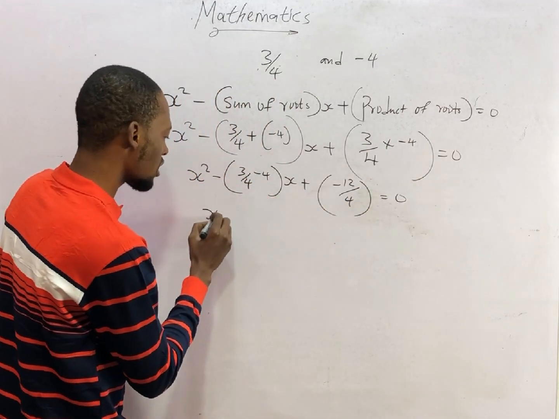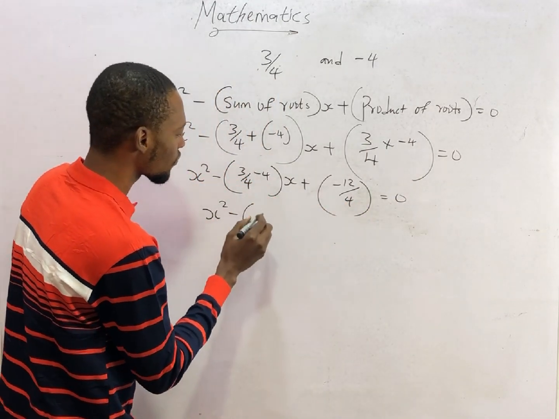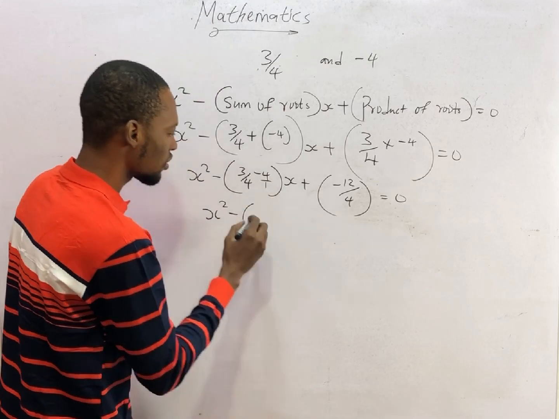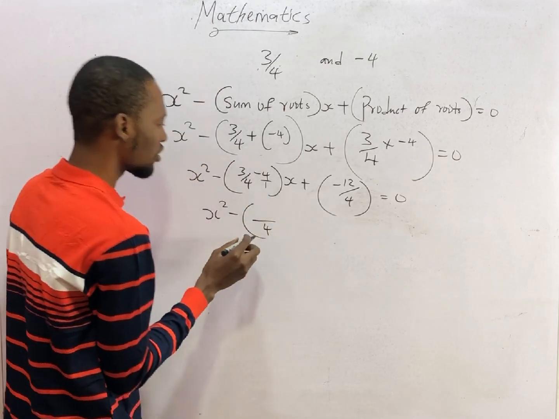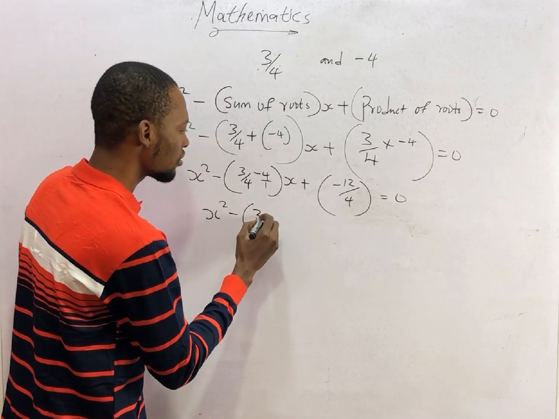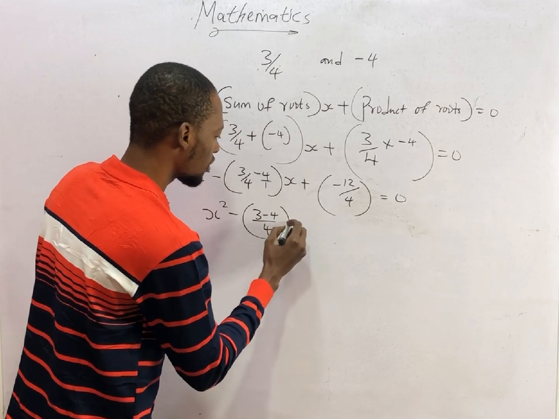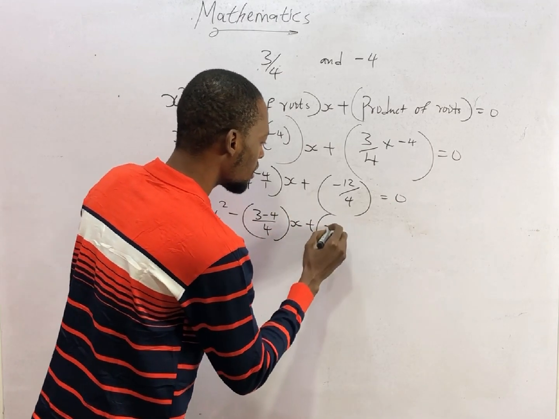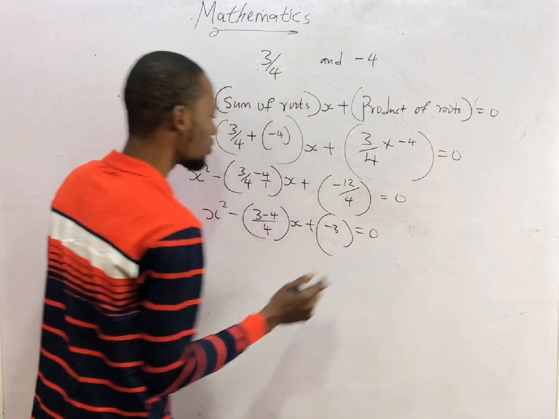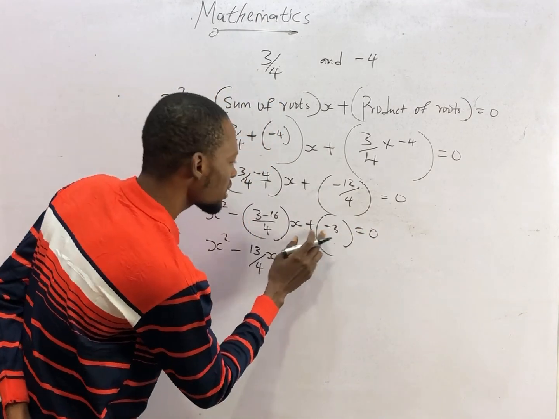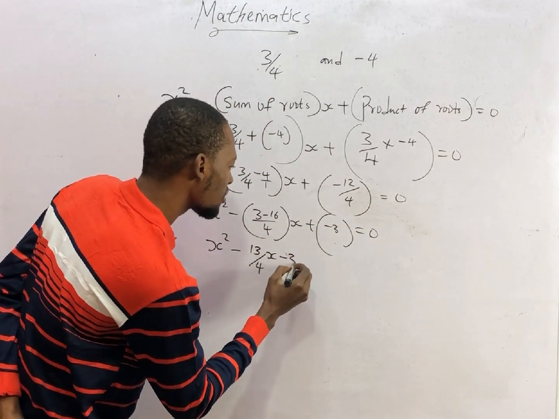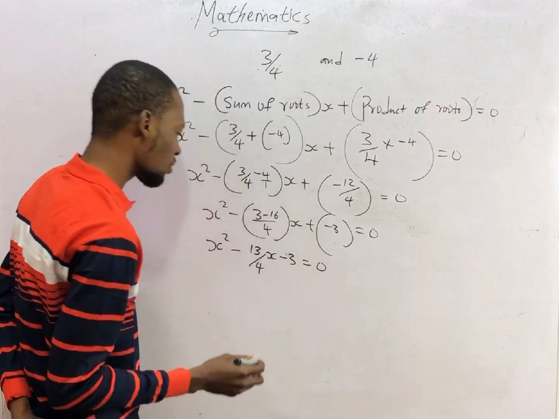Here is simply x squared minus, LCM is 4, 3 minus 16 over 4 x plus minus 3 is equals 0. Plus times minus, minus always wins, so minus 3 is equals 0.